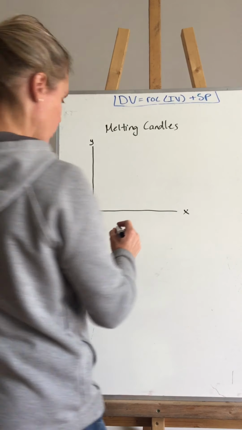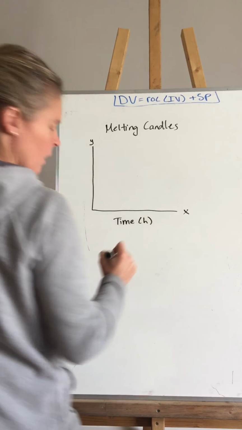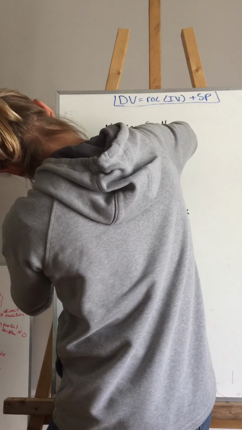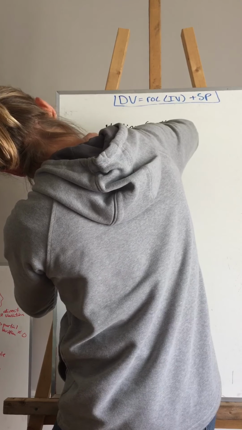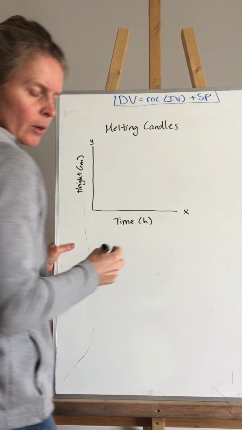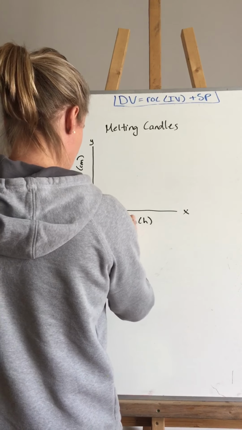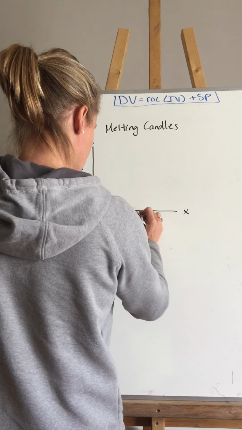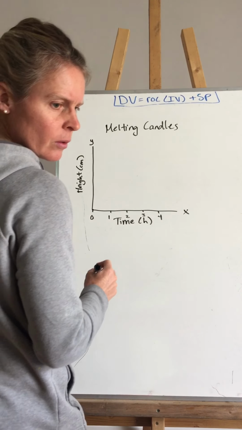On your x-axis you have time in hours, and on your y-axis you have height in centimeters. We're burning a candle down, so the x-axis goes up by 1: 0, 1, 2, 3, 4 hours.